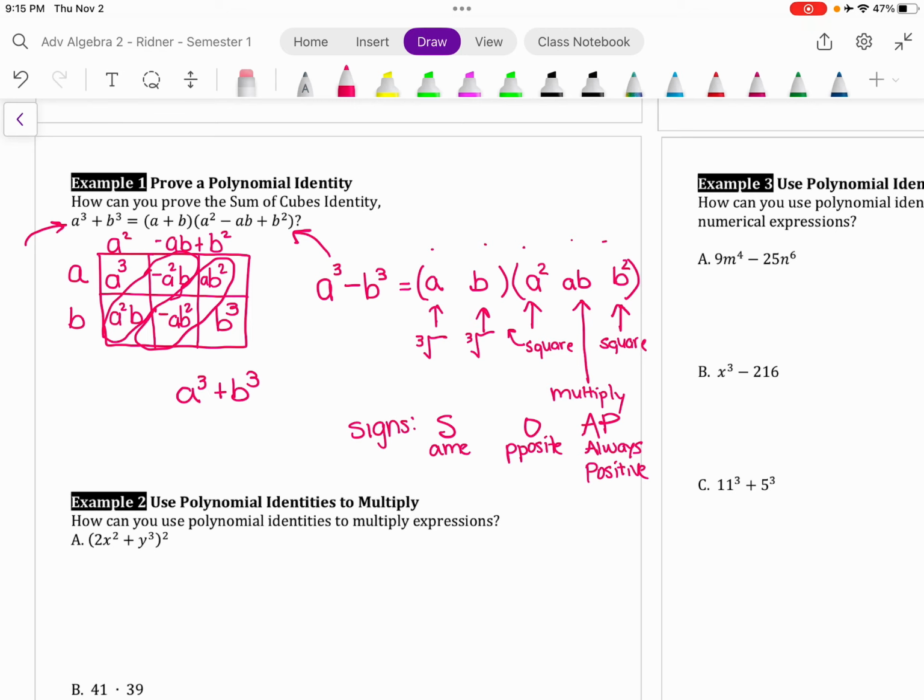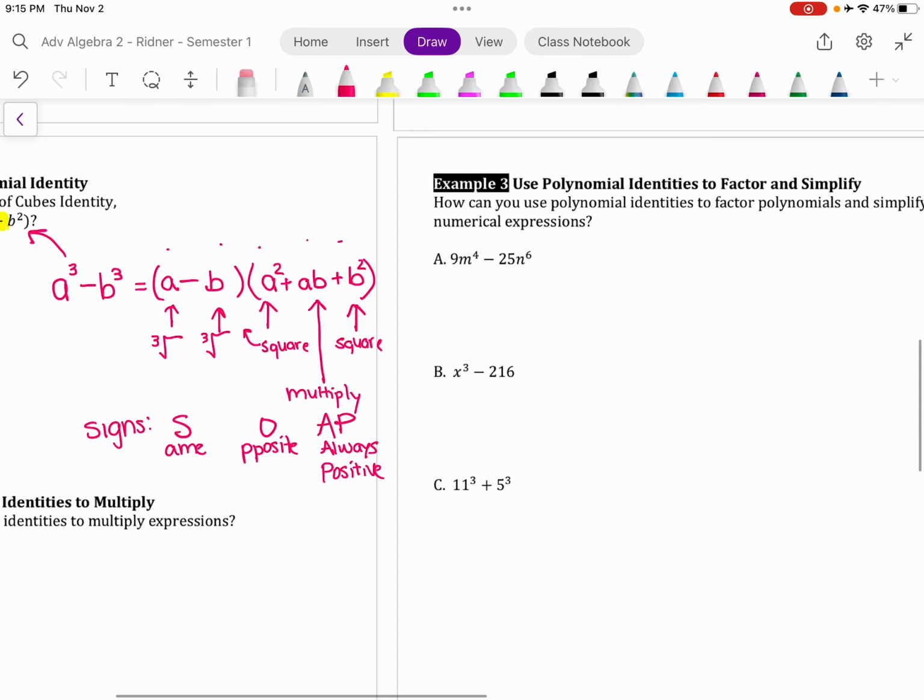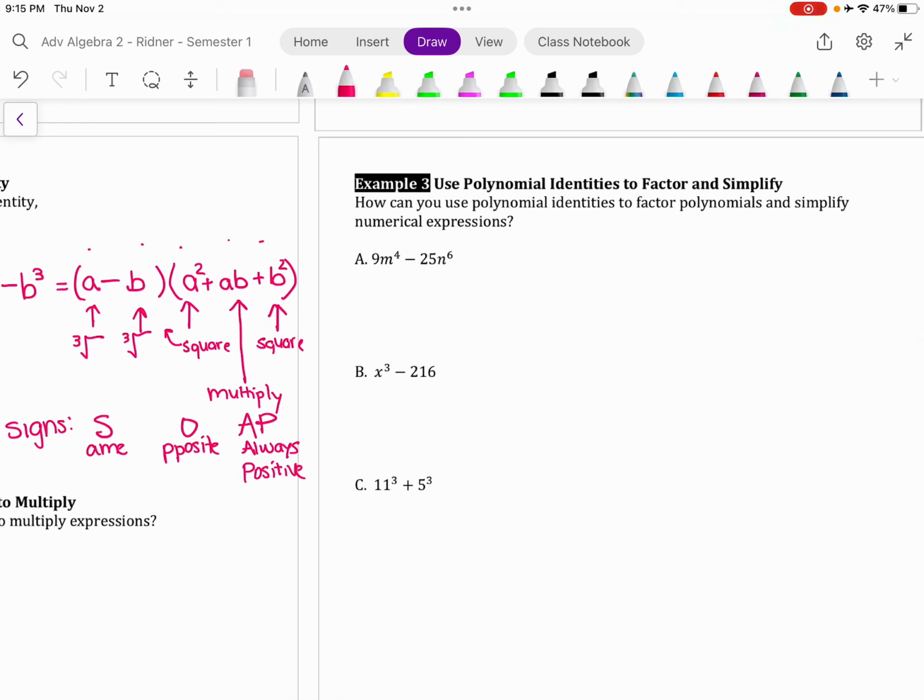Okay. So this example was minus, that's the same. Plus is the opposite, and always positive. You notice here in this one it was plus, we had the same sign, opposite, always positive. So those are your identities, and here's what it looks like on that example 3b that I was referring to.